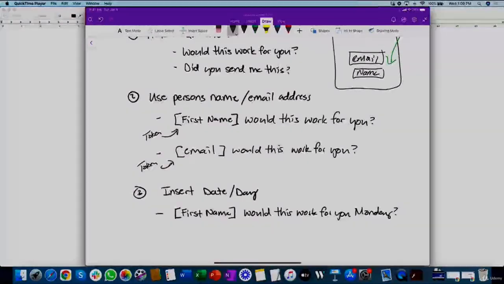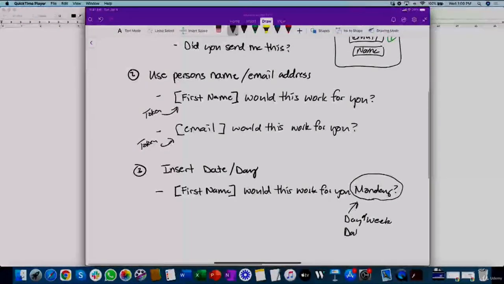Now why is that important? Well, this Monday here, we would obviously change out with whatever day it is. You can change this out with the day of the week, or even the date, like you might say 2/11/25, whatever. The point is you're able to make it feel like it's current. And that's really, really important.